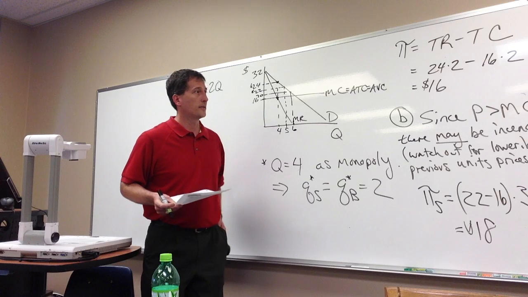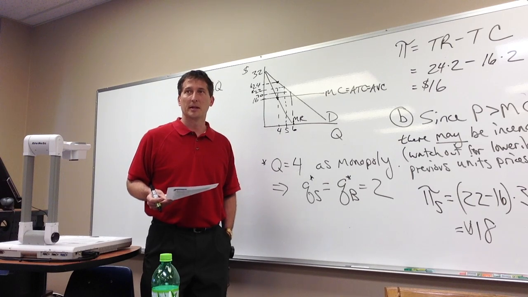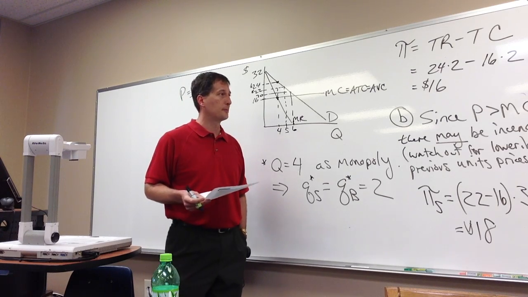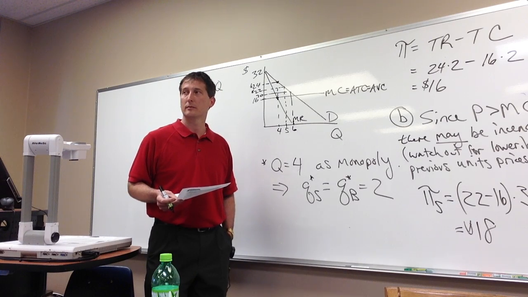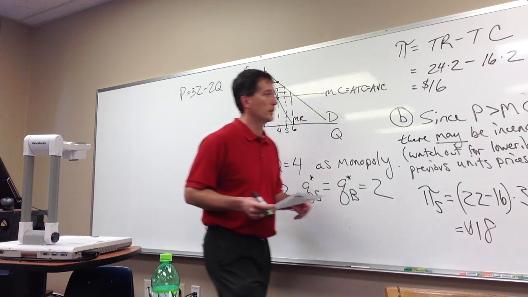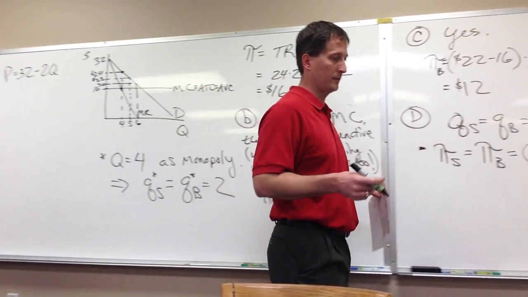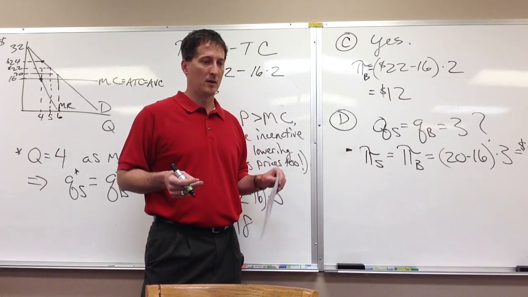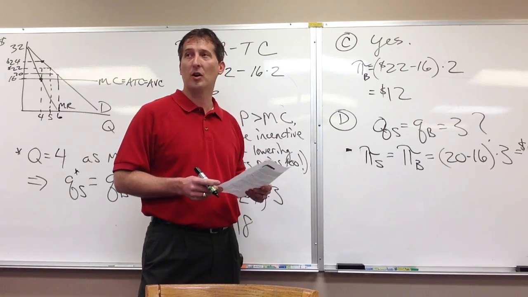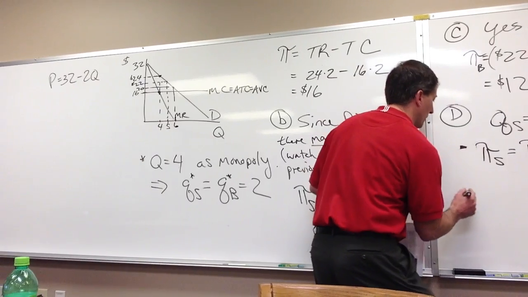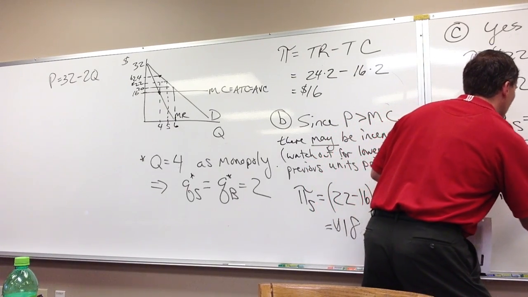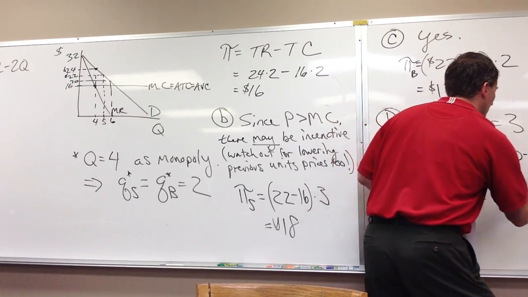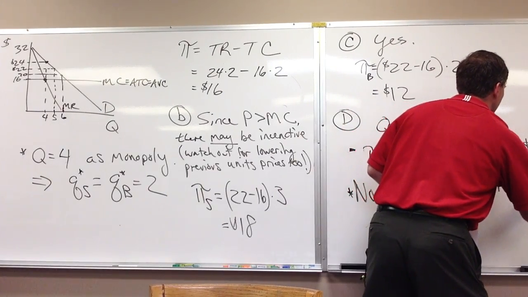Is there incentive to cheat on this agreement? No. Why? Because if you move it up and put 7 units in the market, solving for the profit for the firm that cheats, their profit's only 8. So your profit actually falls. So there's no incentive to cheat now.